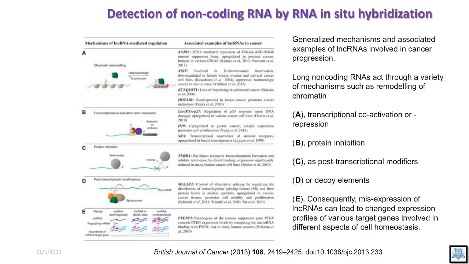Okay. So next I would like to move on to show some of the non-coding RNA targets in prostate cancer. There is a general notion that non-coding RNAs do not code for any protein, but that is not 100% true, because it has been shown recently that many non-coding RNAs do indeed code for some small proteins, what we call micropeptides, as shown by some of the work by Dr. Eric Olson.